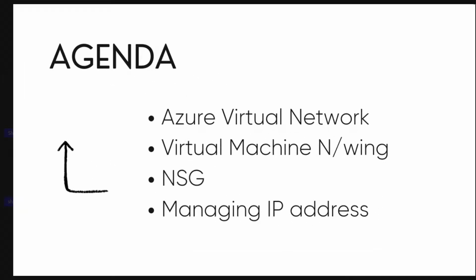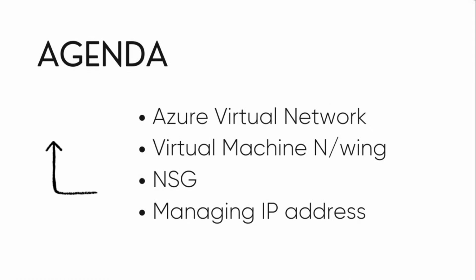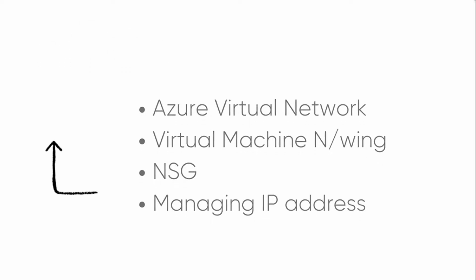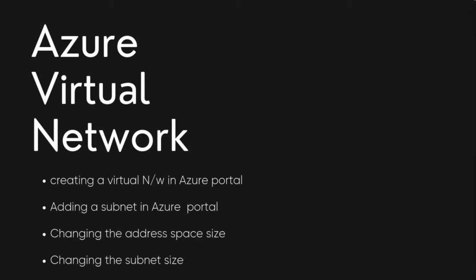Today's agenda is an approximately 40 to 45 minute session, and in it we're going to cover Azure Virtual Network, how we set up virtual machine networking, NSGs, which is nothing but network security groups, and managing IP addresses, like how we set the rules, how we commission an IP, and how we decommission an IP.